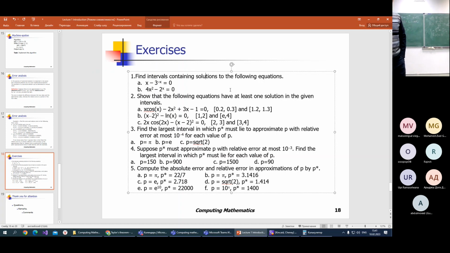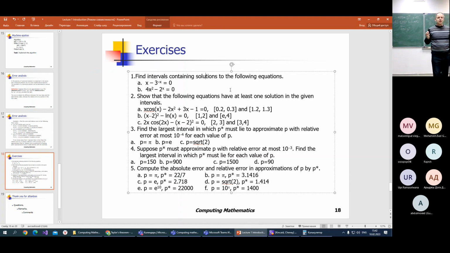And we should estimate a point at which f of x equals 0. Suppose this point is here.